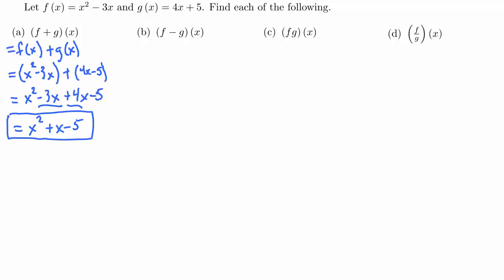Let's look at B. Apparently I don't know my alphabet. Letter B means f minus g of x is f of x minus g of x. F of x again is x squared minus 3x minus g of x, which is 4x plus 5.